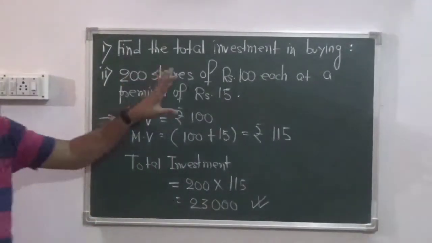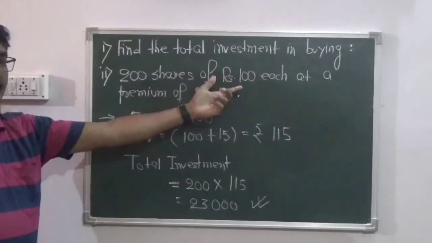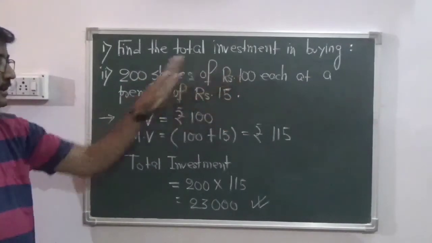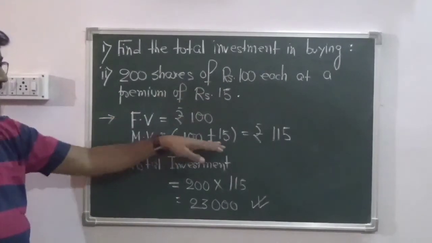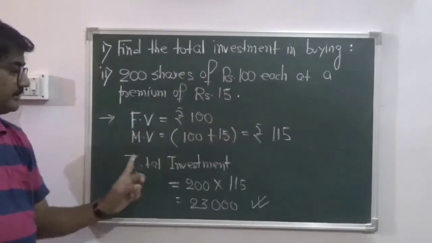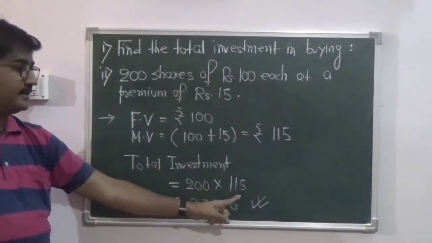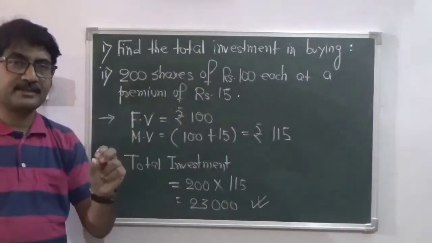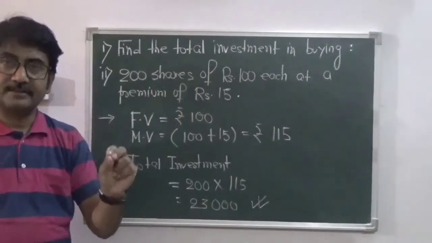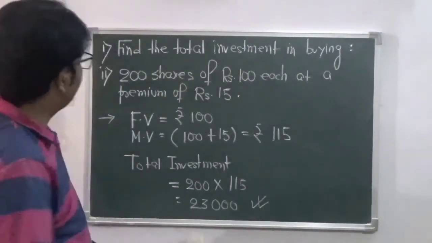So hopefully it is clear now. The number of shares is 200, rupees 100 each. The face value is rupees 100 at a premium of rupees 15. That is, the market value is 100 plus 15, that is 115. Then finally the total investment is the number of shares multiplied by the market value of one share. Always remember, your investment is on the market value, not on the face value. Moving on to the next one.